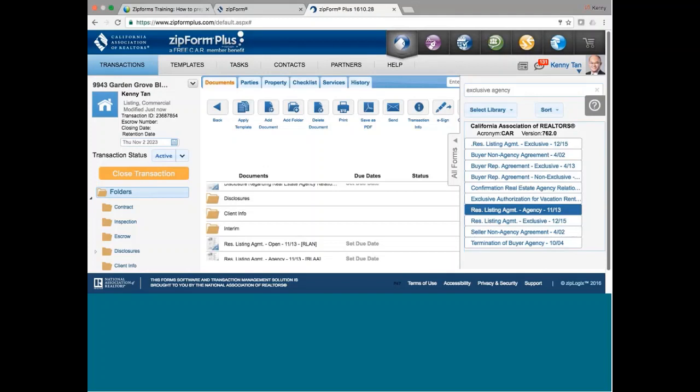You can have the buyer sign a buyer non-agency agreement. What happens if you have a listing on Zillow and then you get a phone call from a buyer saying, hey, I don't have an agent, I'm interested in your property? And then the buyer says, I want to see the property. So the buyer came by, you show the property to the buyer. The whole time, you never agreed to represent the buyer.